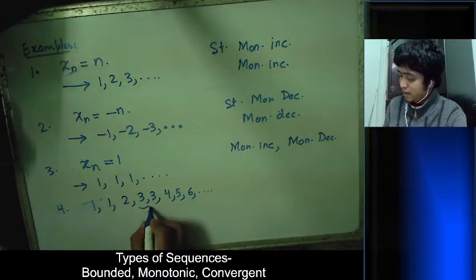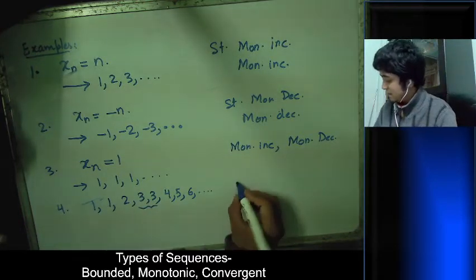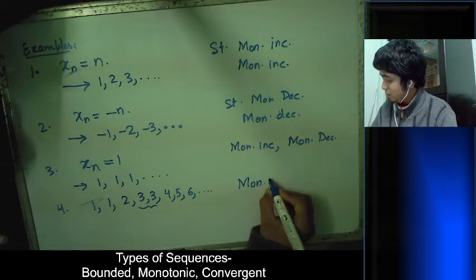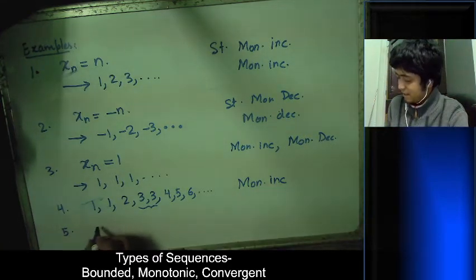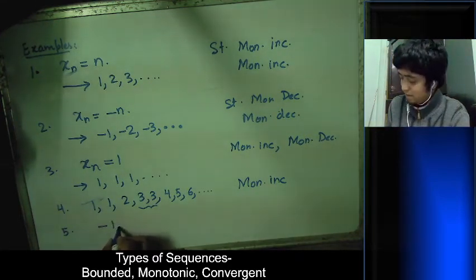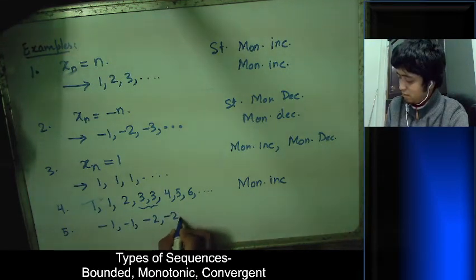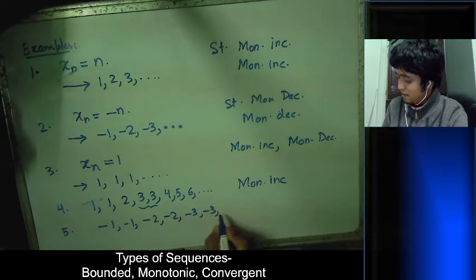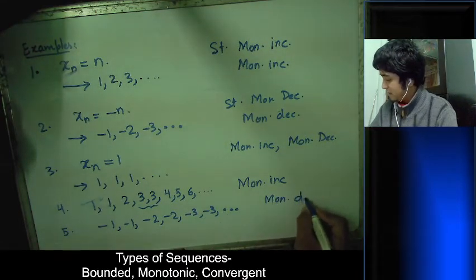But over here, some of the terms are indeed equal. So that's why this one will only be monotonic increasing. Similarly, you can have something that looks like this: minus 1, minus 1, minus 2, minus 2, minus 3, minus 3, and so on. This one will only be monotonic decreasing.